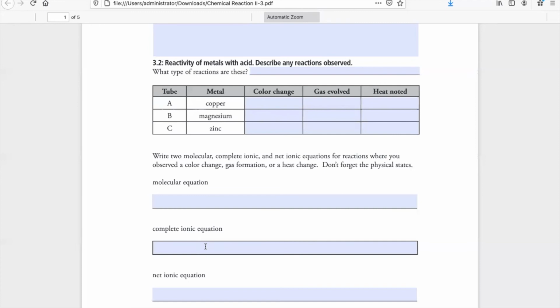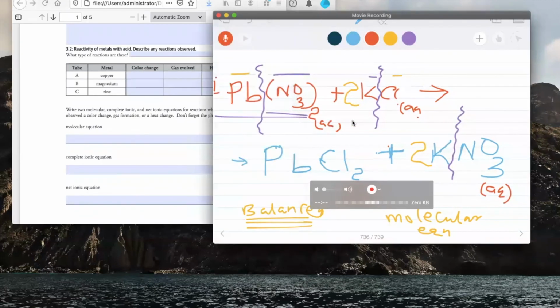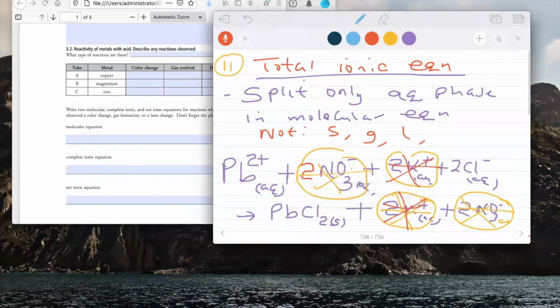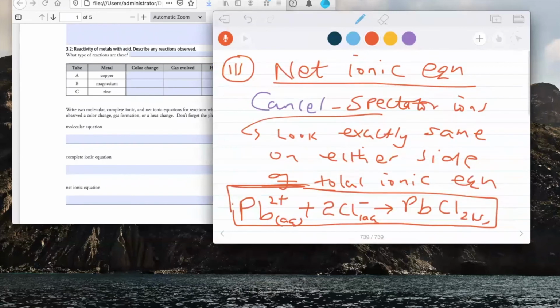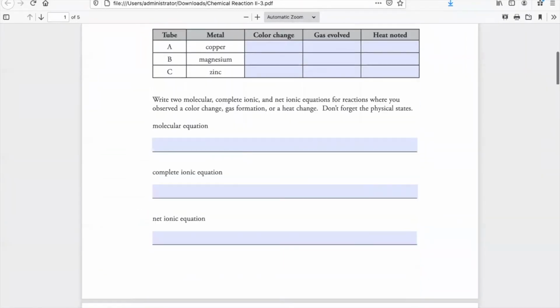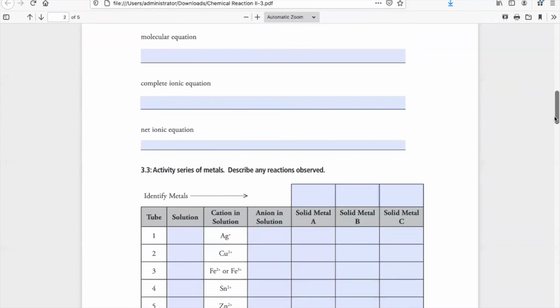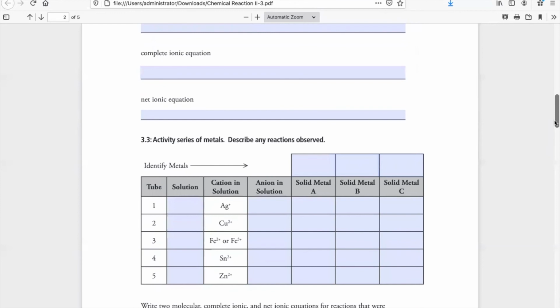Don't just fill in and say, I want to see your workout similar to what I'm doing here, how I cancel out the spectator ions, and then you say, oh, this is my net ionic equation. All right, for only 2 of your reactions. And I believe this will be the same thing for section 3.3. You will watch and see on the simulation.